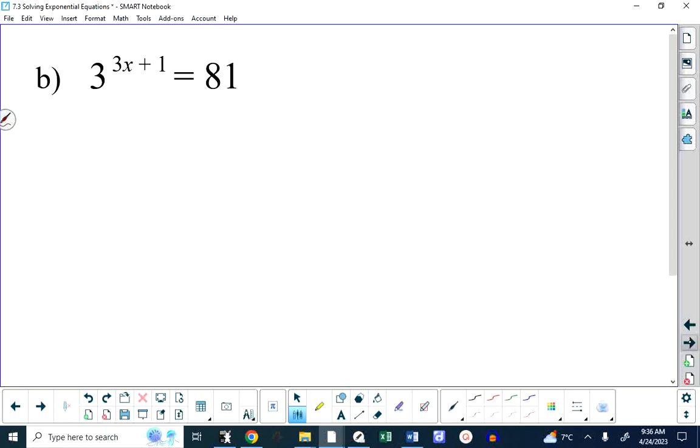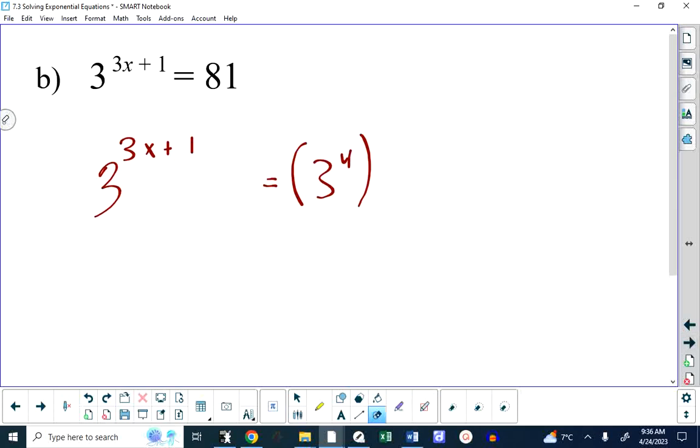I can write this equation as 3 to the 3x plus 1 is equal to 3 to the 4, that's 81. I guess we don't really need to say raised to because the 81 wasn't raised to anything. This again is a very simple equation.